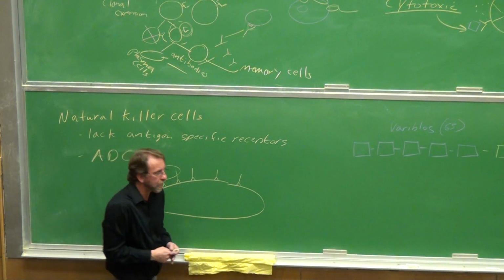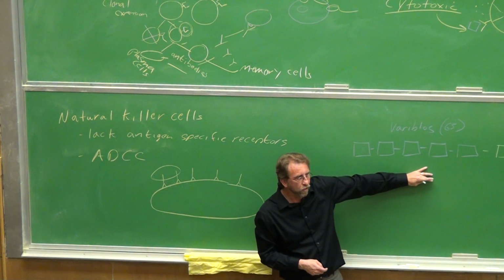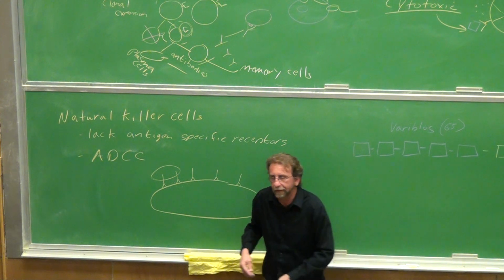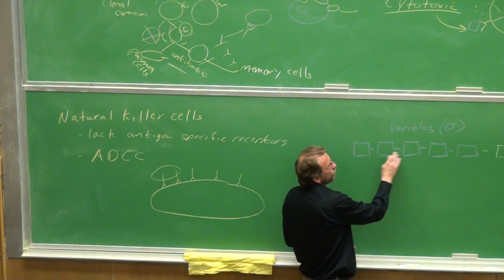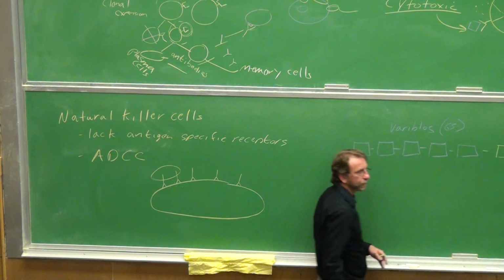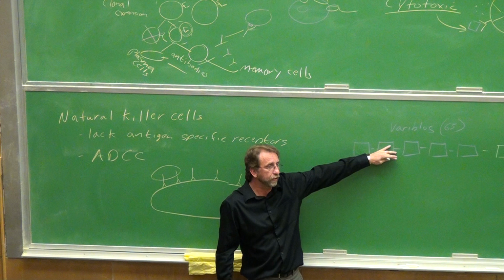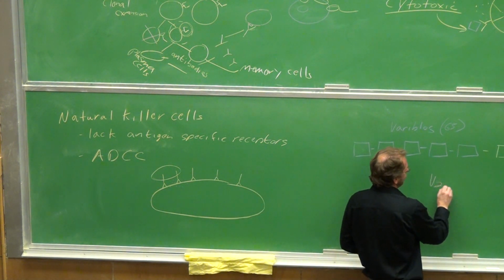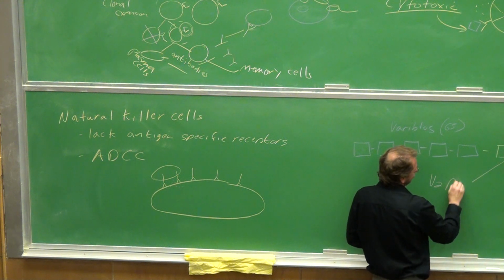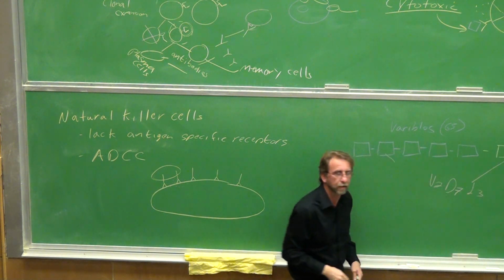Now, when B cells are being formed, what happens is, to increase the variability, we are able to take any one from each of these 3. So if you have 65 variable regions, one B cell might get variable region 2, might get diversity region 7, might get joining region 3.